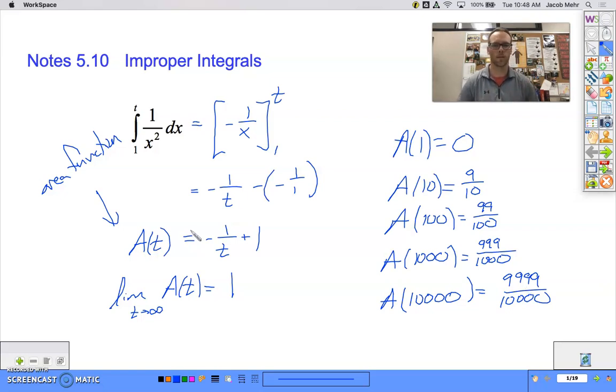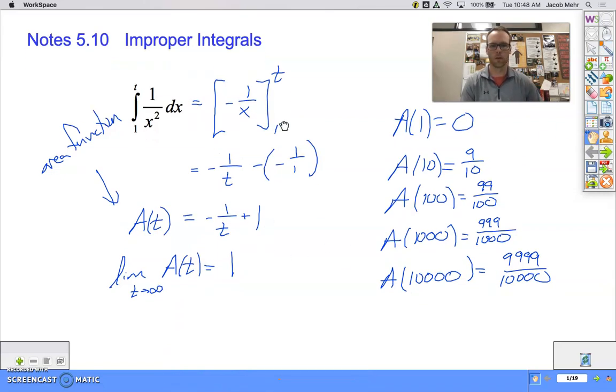So here's what I'm going to say: the integral from 1 to infinity of 1 over x squared dx is 1. Now, we can't substitute infinity in with the fundamental theorem of calculus, but we can substitute a variable in, and we can notice what happens as that variable goes to infinity.